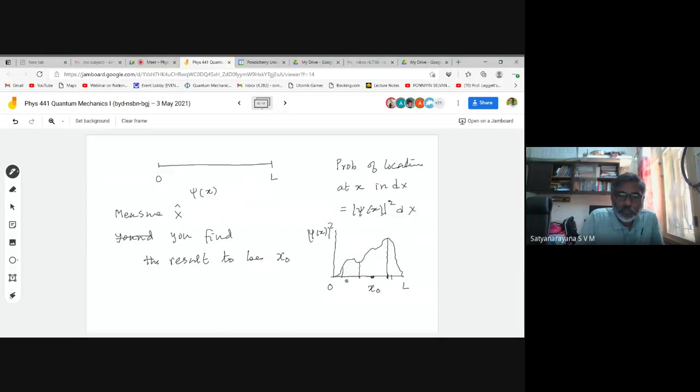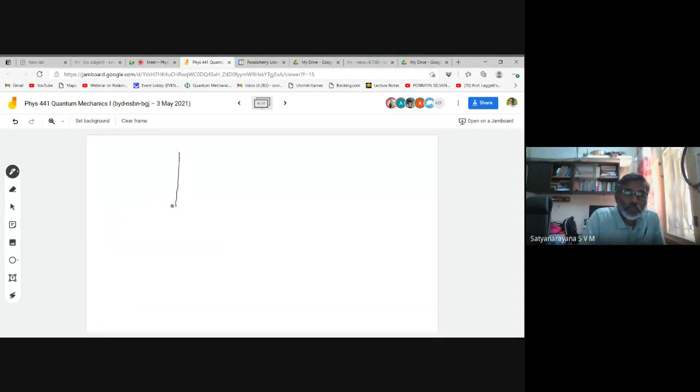You find that result. Then the wave function after measurement, or the probability distribution after measurement, is going to be concentrated at x naught.